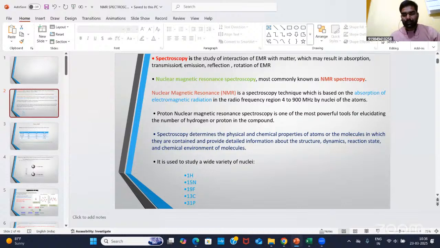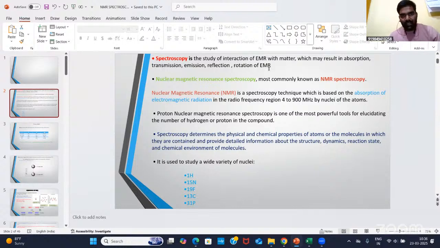So, what is spectroscopy actually? Spectroscopy is the study of interaction of EMR, electromagnetic radiation, with matter, which may result in absorption, transmission, emission, reflection, or rotation of EMR.